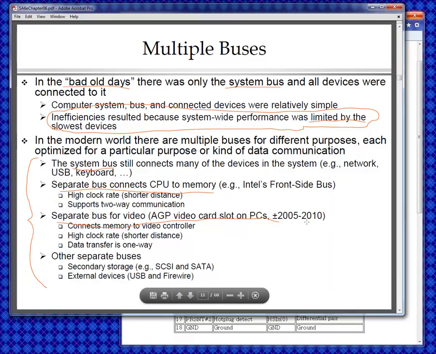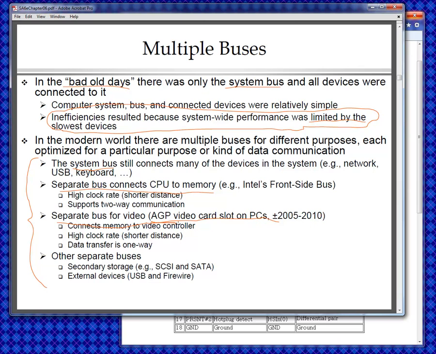Now, roll the clock forward. Once PCIe came out and once these X16 and X32 data width PCIe cards became available, they provided the kind of bandwidth that was needed to support video, and the PCI standard is smart enough and efficient enough that it can handle those and other transfers at the same time.